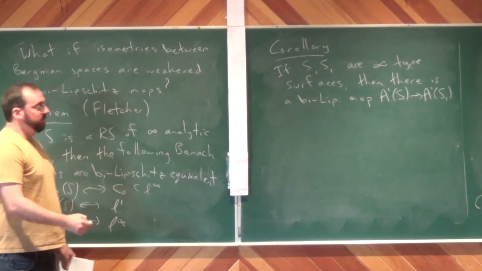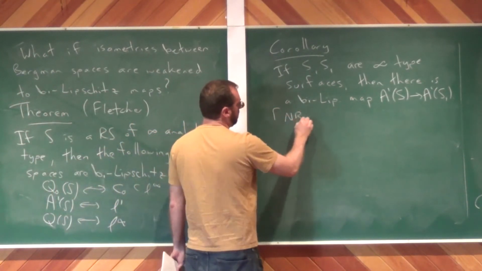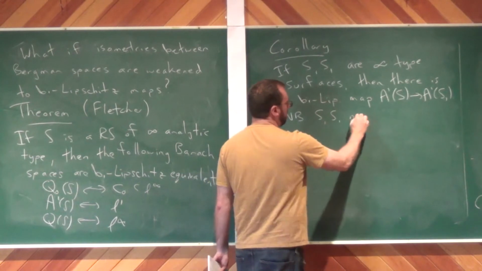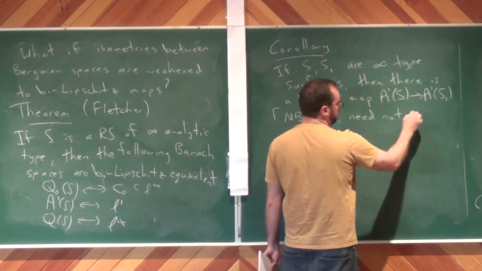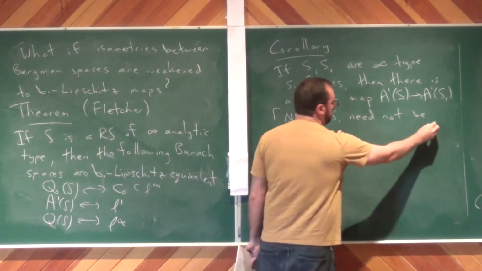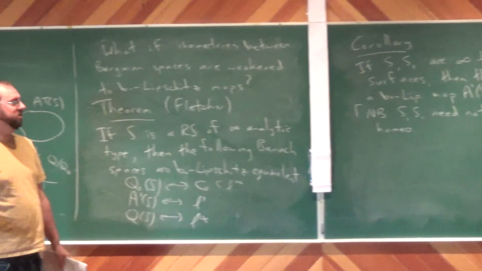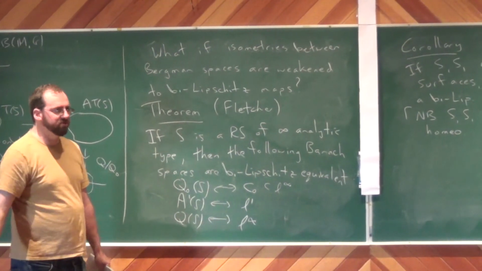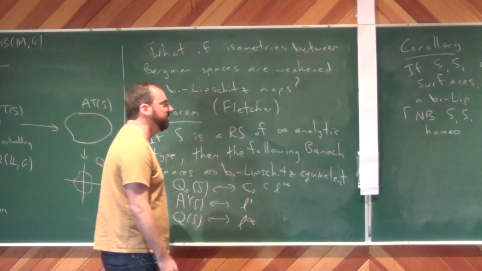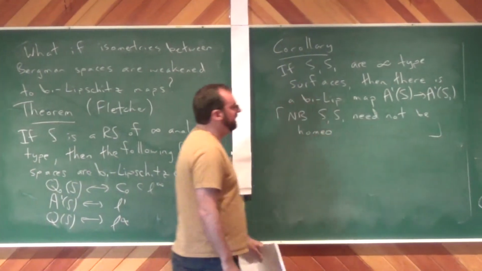So again, we're not assuming S and S1 are homeomorphic here. So S could be a Loch Ness monster, S1 could be the plane punctured at the integers, they're not homeomorphic, but the Bergman spaces turn out to be bi-Lipschitz equivalent.